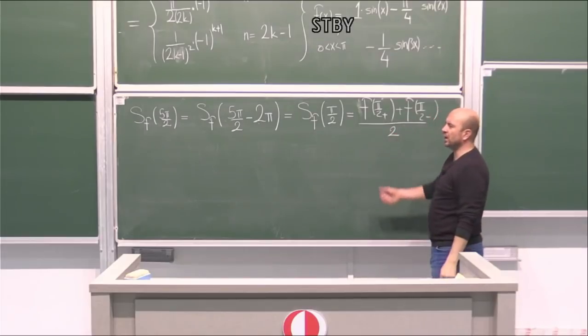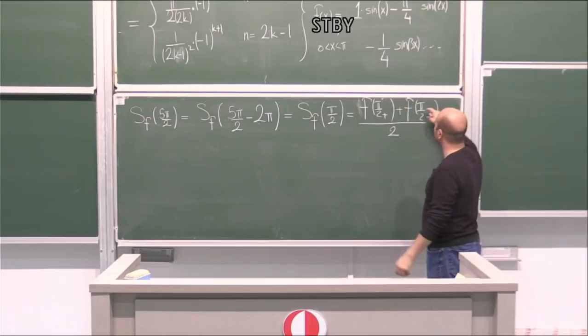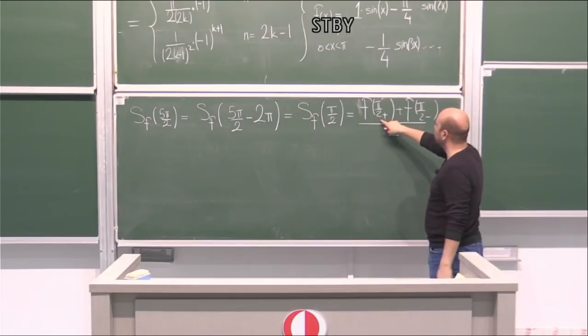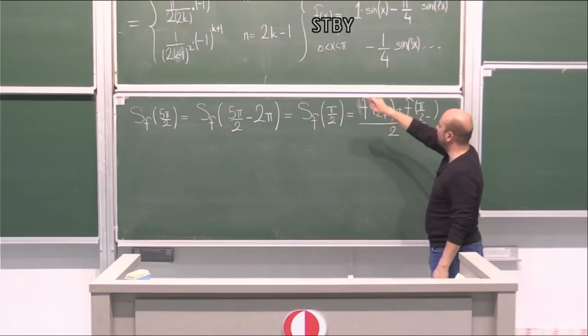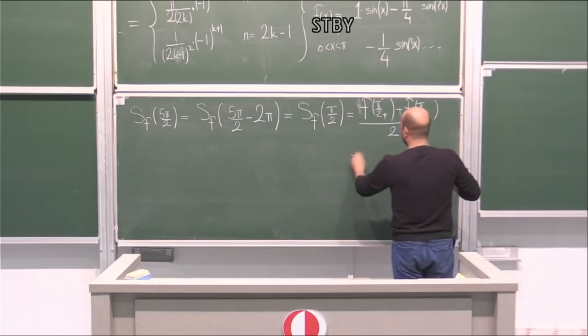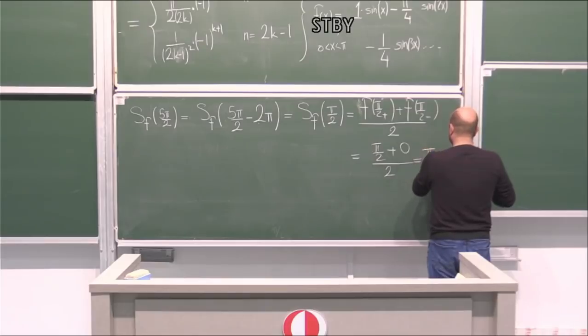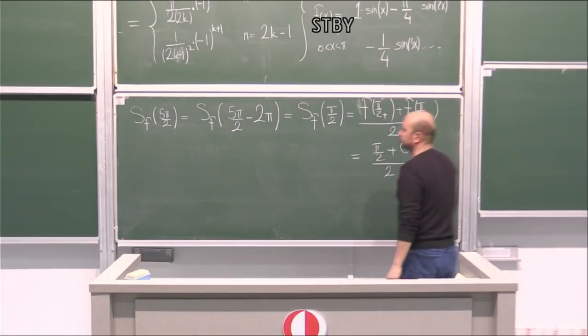If you look at the right limit, it goes to pi over 2. Left limit goes to 0. So we have pi over 2 plus 0 divided by 2. We get pi over 4.